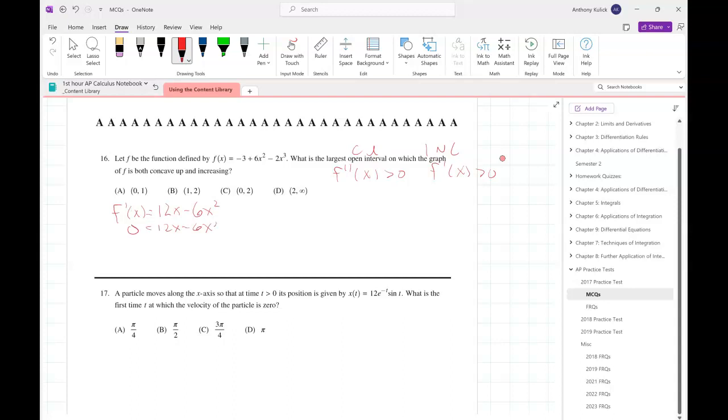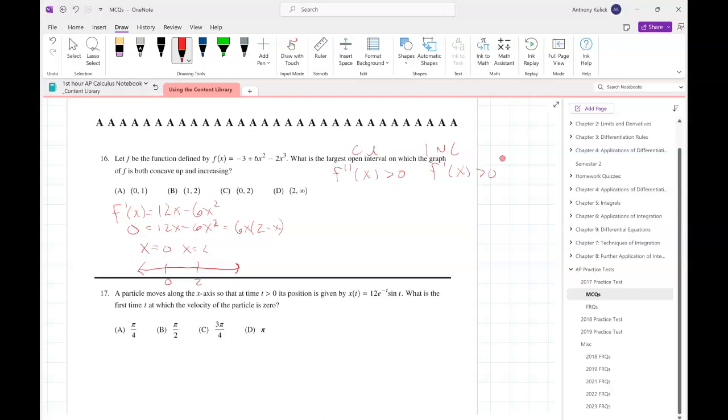So I set it equal to 0. When I solve, I get 0 and 2.